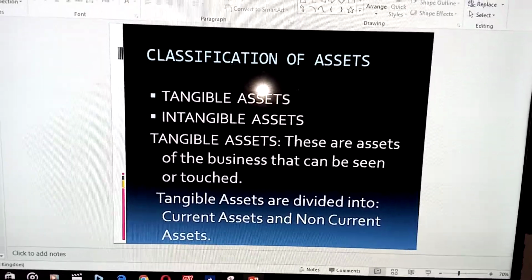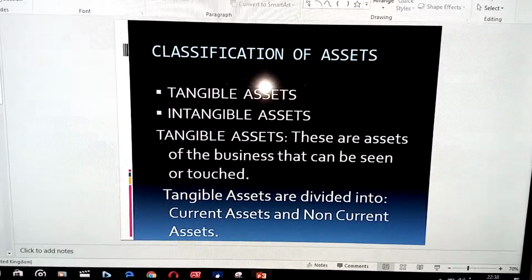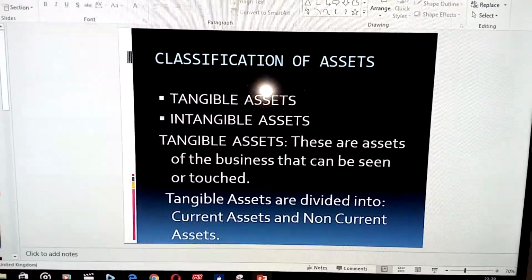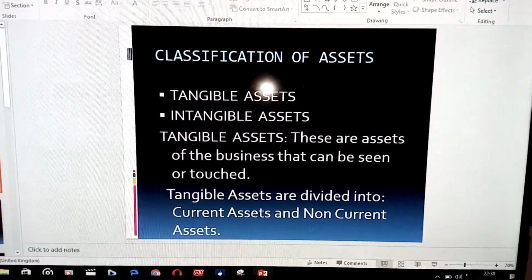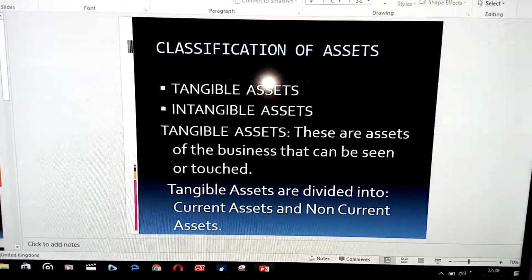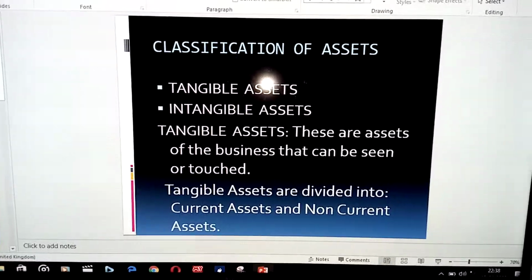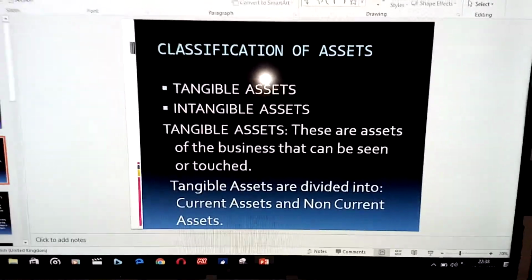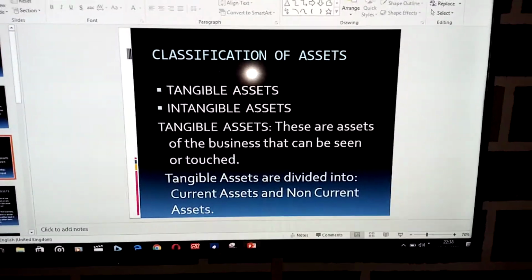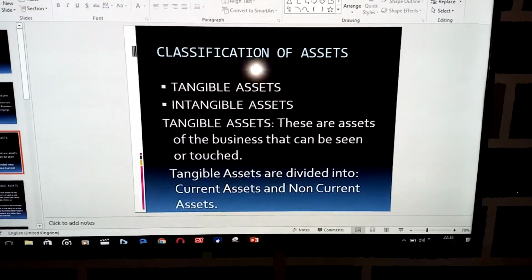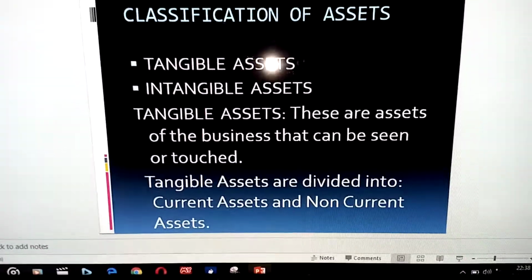Tangible assets are assets of the business that can be seen or touched. I'll say that again. Tangible assets are the assets of the business or the resources of the business or the belongings of the business that can be seen or touched.